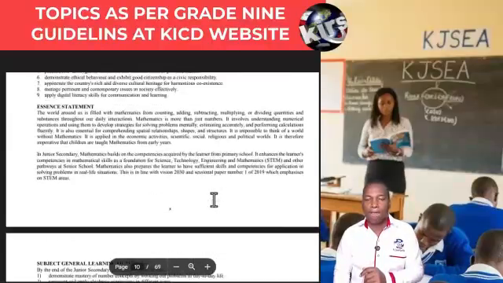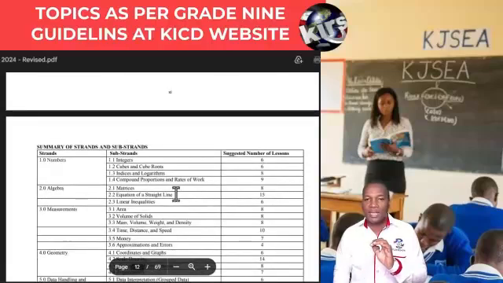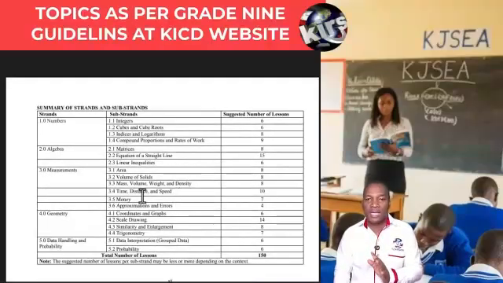Down here, we have the content divided in strands and substrands. The first strand is numbers, where we look at integers, cubes and cube roots, indices and logarithms, compound proportions and rates of work.